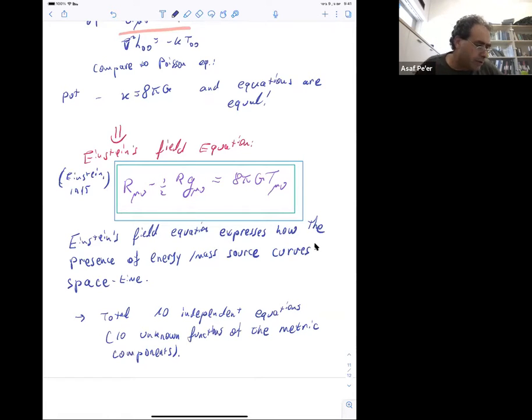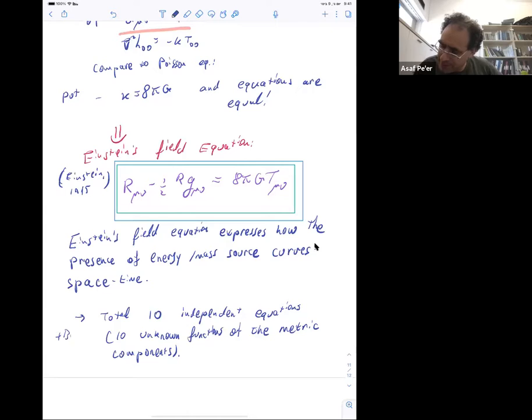Sorry, my mistake. There are only 6 independent. Sorry. Yeah, there are 10 independent equations. My mistake. 10 independent equations. That's right. But we have the Bianchi identity.